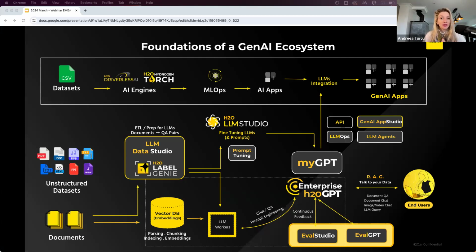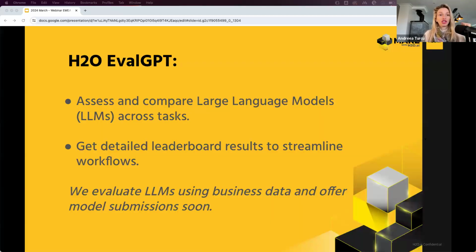It's free for you to test and to get a sort of an experience of what an evaluation tool of LLMs looks like. So you can access, once again, H2O Eval Studio from our H2O AI managed cloud instances, but for the free and public version, let's use LLM EvalGPT. And so here, just a quick note before we dive into the visual part of this presentation.